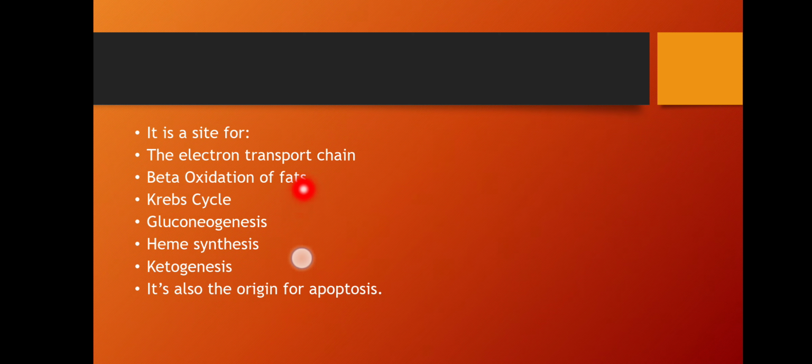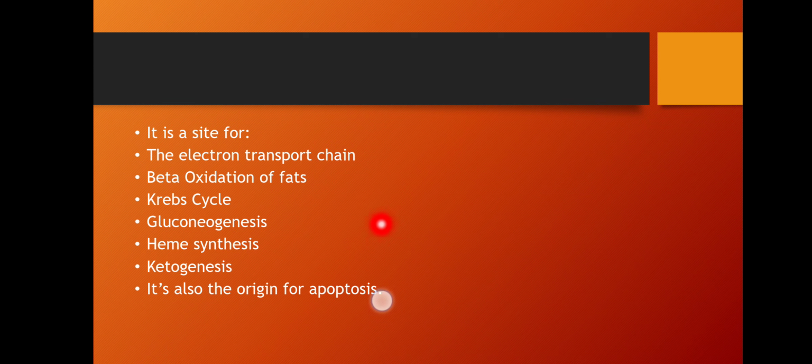What's the function? It is a site for what? The electron transport chain. It is a site for beta oxidation of fats, the Krebs cycle, gluconeogenesis, heme synthesis, ketogenesis. It is also the origin of what? The origin for apoptosis. Apoptosis is simply programmed cell death. So all these metabolic or biochemical processes happen in the mitochondria, generating ATP.